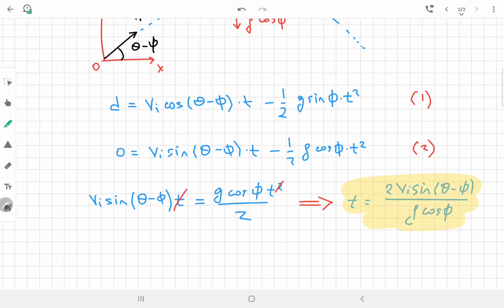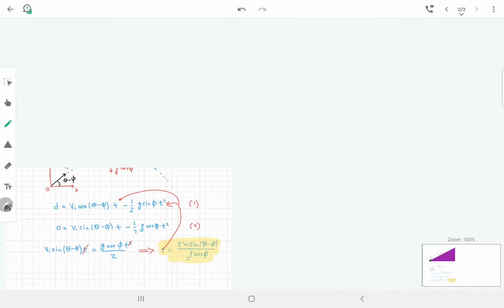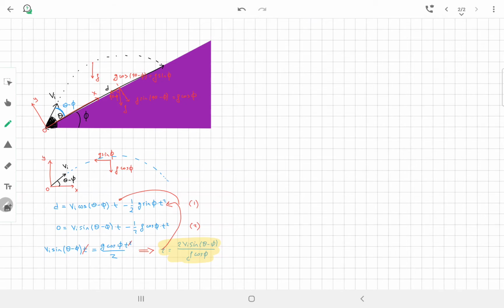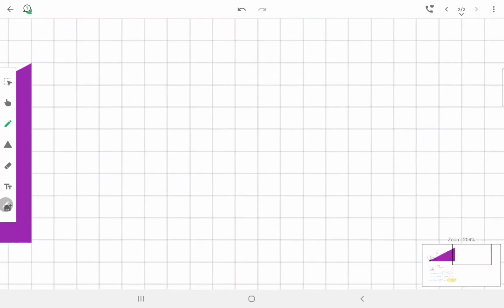Now we need to take this time and substitute it into the first equation. After some simple calculations, I hope we will get the same result. So let's continue. Let me copy equation number 1.